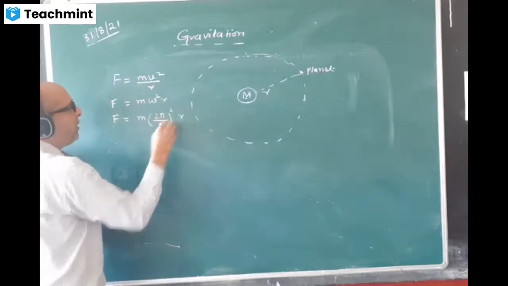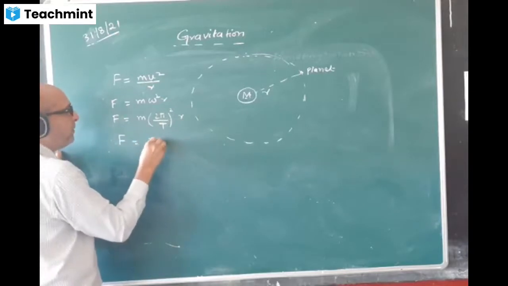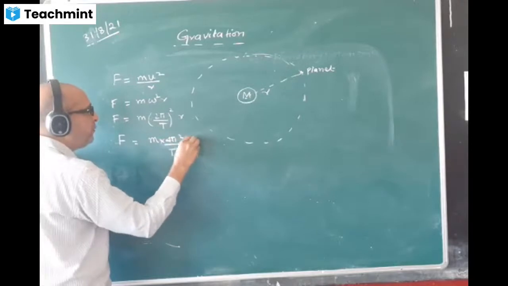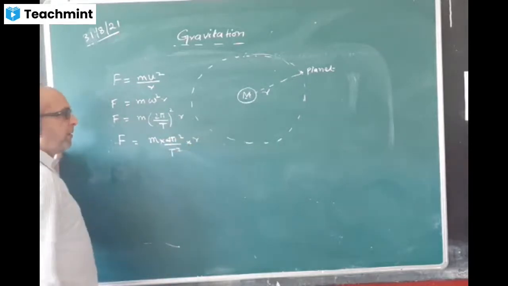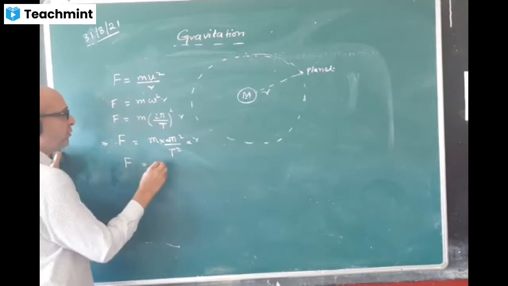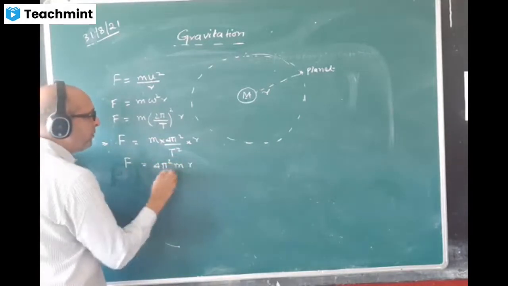Whole square into r. You can write F is equal to m into 4 pi square by T square into r. Okay, now next line: F is equal to 4 pi square m r over T square.